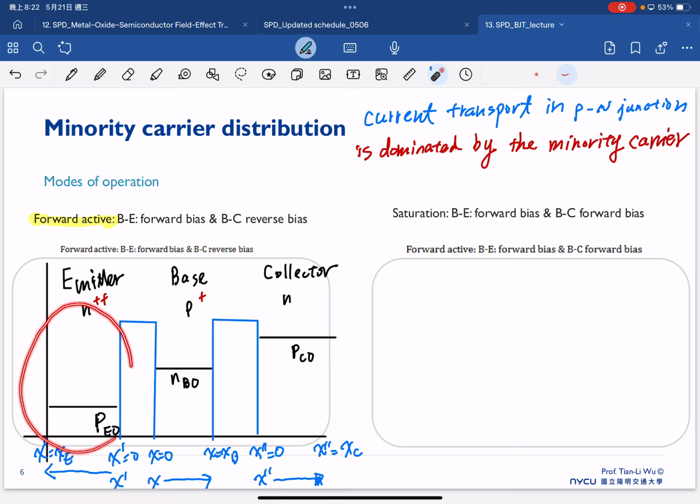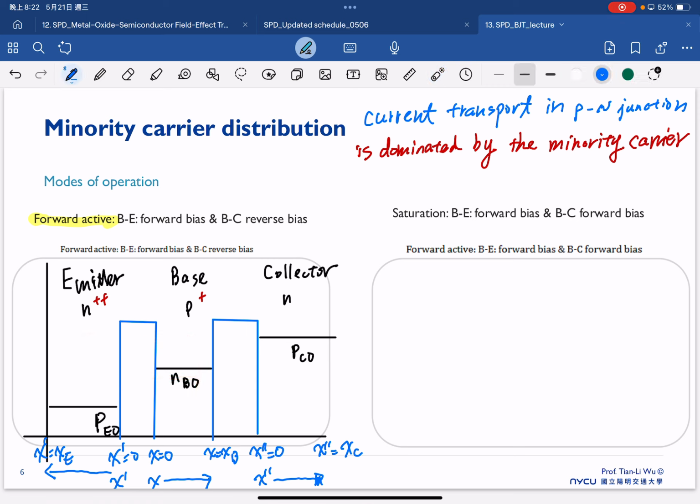The first thing is this case here, because right now the BE junction is under forward bias. In the case of forward bias, the holes will flow to the left and the electrons will flow to the right. That's forward bias, if you go back to check the PN junction.